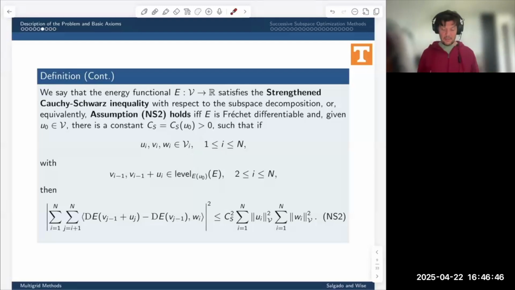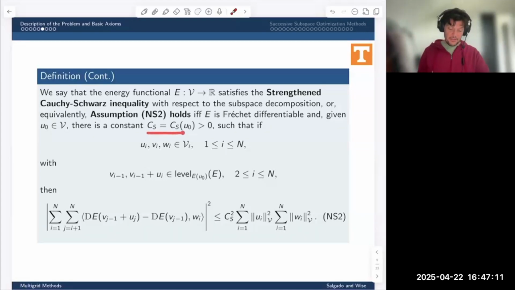It'll be really obvious why we need this whenever we get deep into the heart of the analysis of the successive subspace optimization method. But for now, it's going to look a little bit weird. And all I can say is that it's somehow related to the strengthened Cauchy-Schwarz inequality that we met previously in chapter 9.